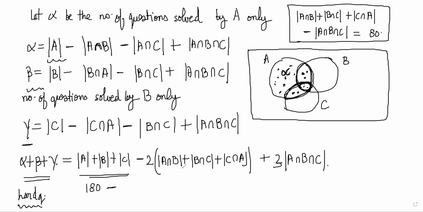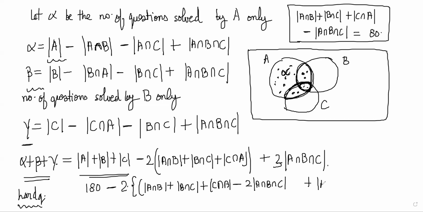Notice that there is minus 2 plus 3. So we can say minus 2 common, and we can write it as A intersection B plus B intersection C plus C intersection A minus 2 times A intersection B intersection C, and we still have to add a plus A intersection B intersection C, right?